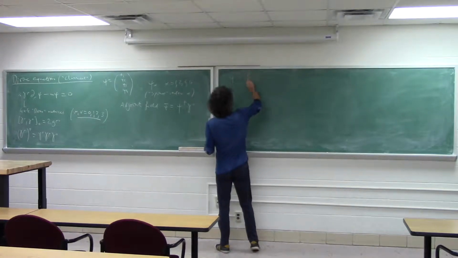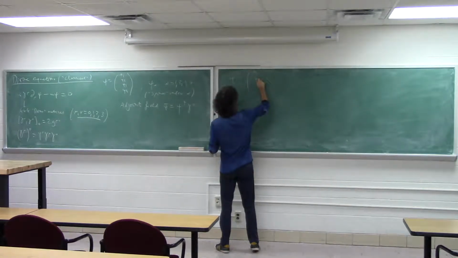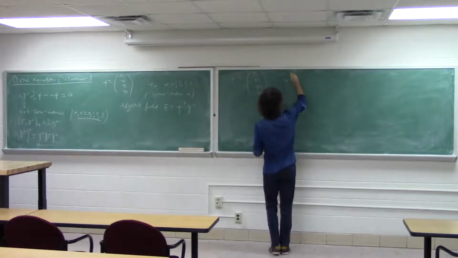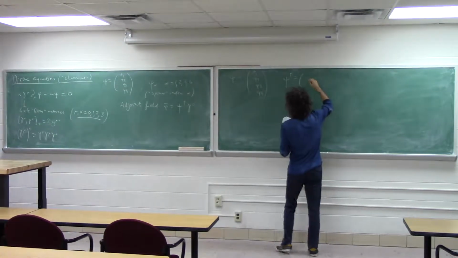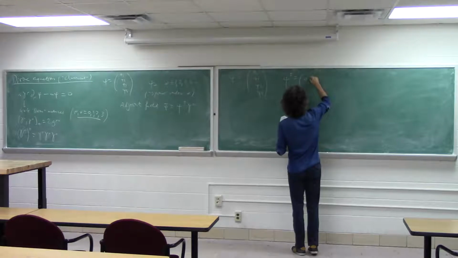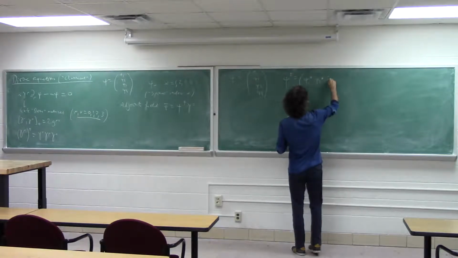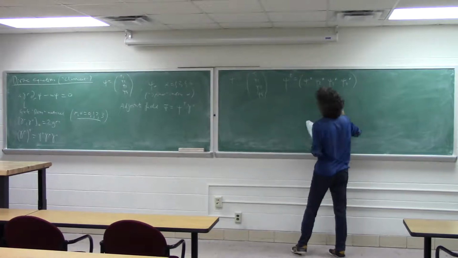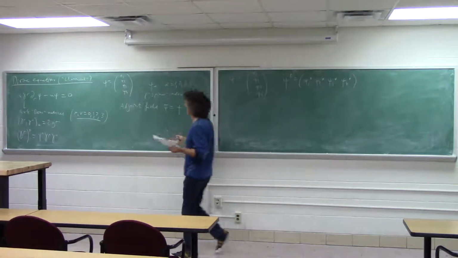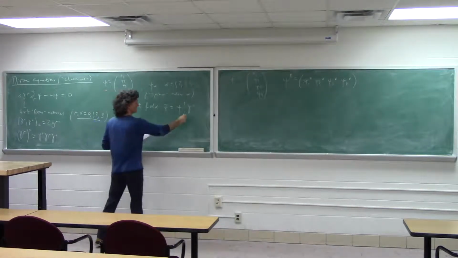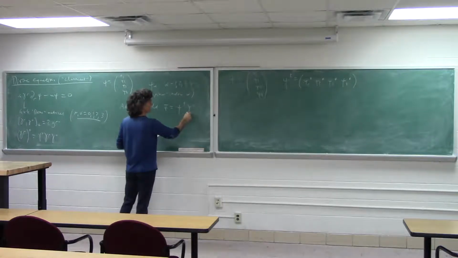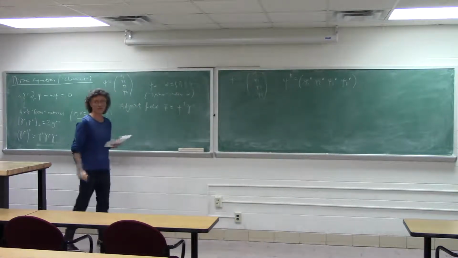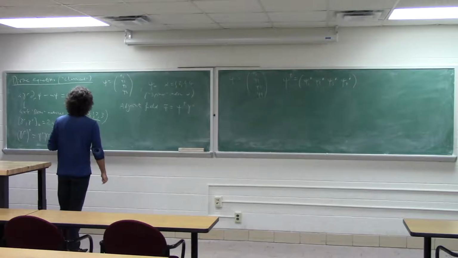So psi dagger is a row vector with these entries. So you've got a row vector times a 4 by 4 matrix, another row vector, and so on and so forth.